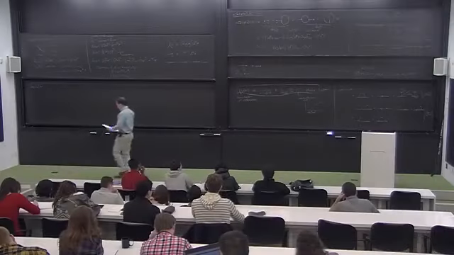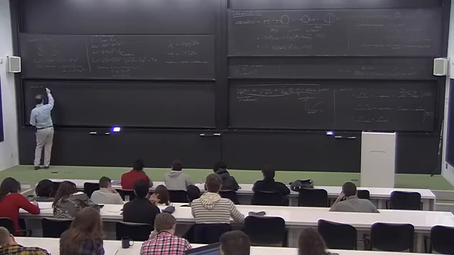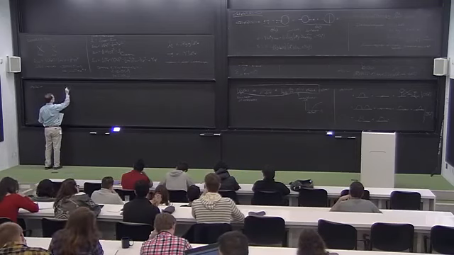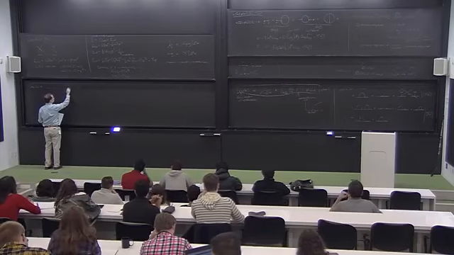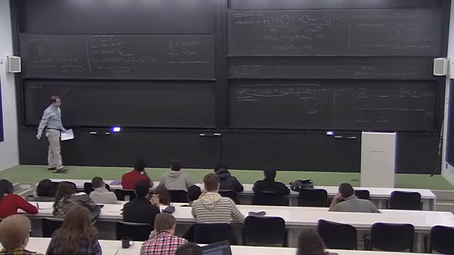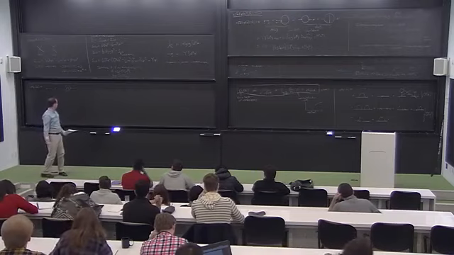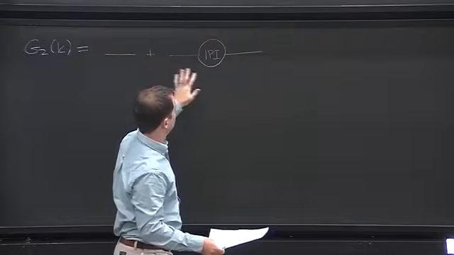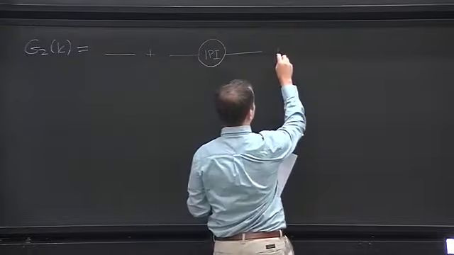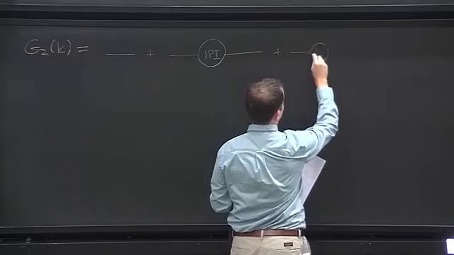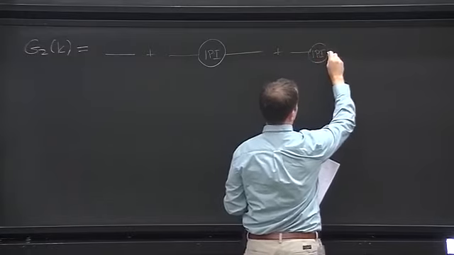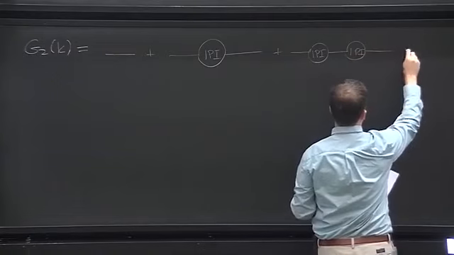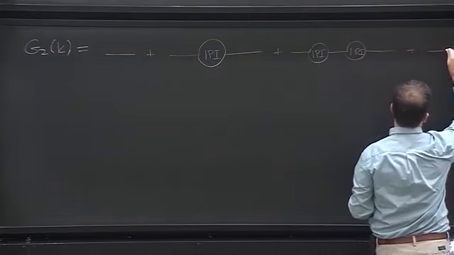So we can organize our perturbation theory in a different way. Instead of by order in g, we can order it by how many places there are in the diagram where we can cut it. So in any diagram, there'll be some integer number of lines that we can cut that will make the diagram disconnected.